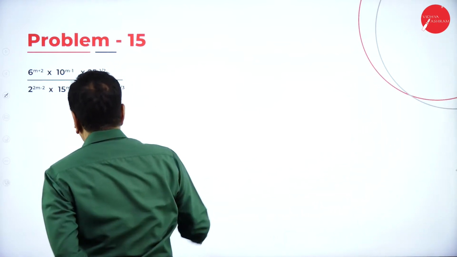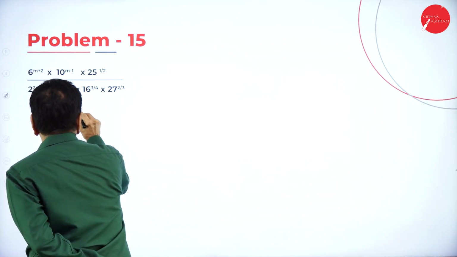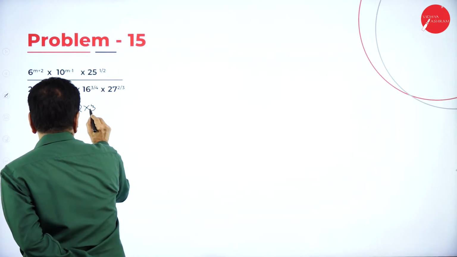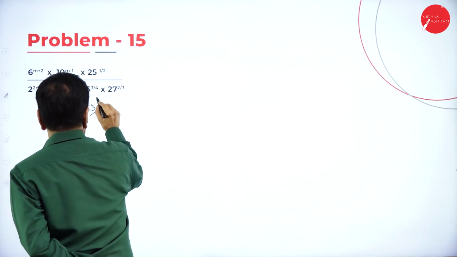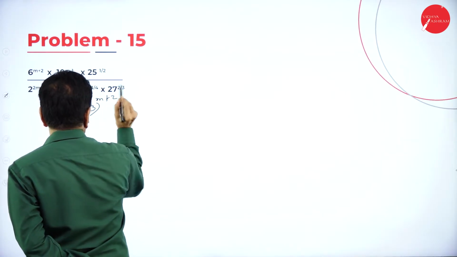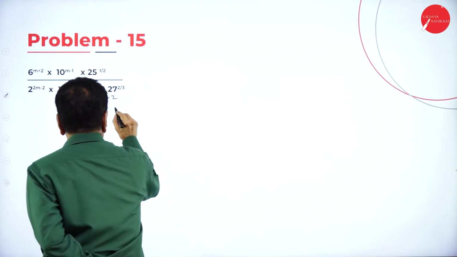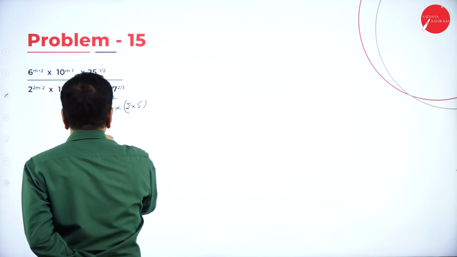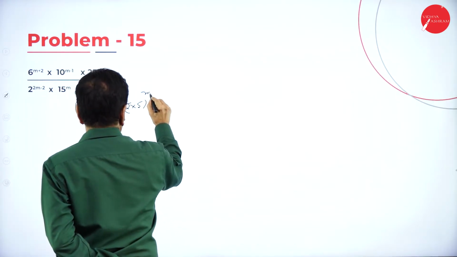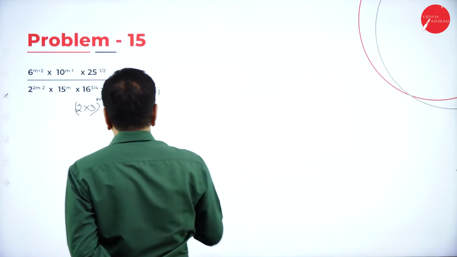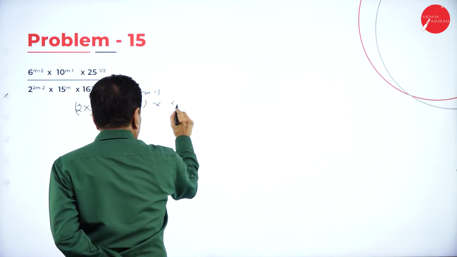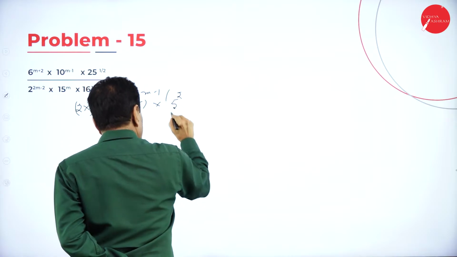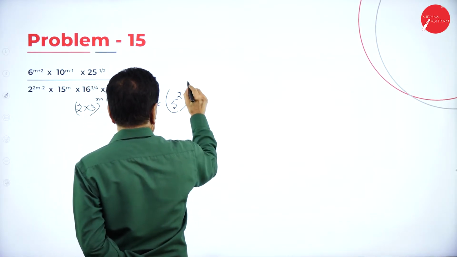First is 6. You can write this as 2 into 3 to the power of m plus 2. 10 can be written as 2 into 5 to the power of m minus 1. 25 can be written as 5 square to the power of half.